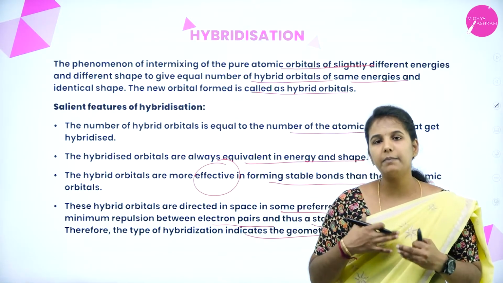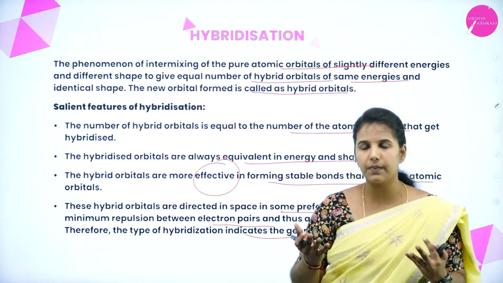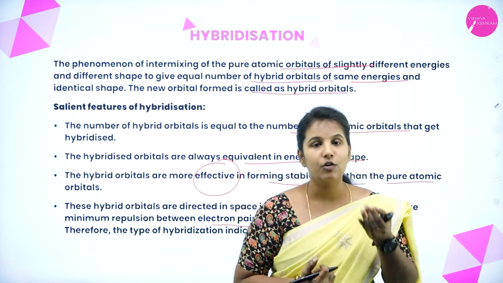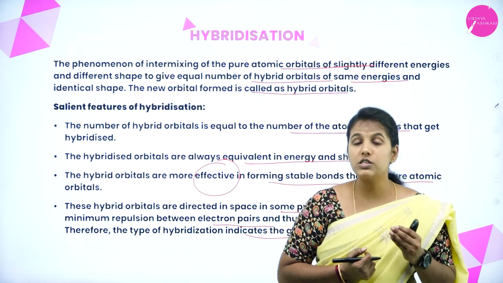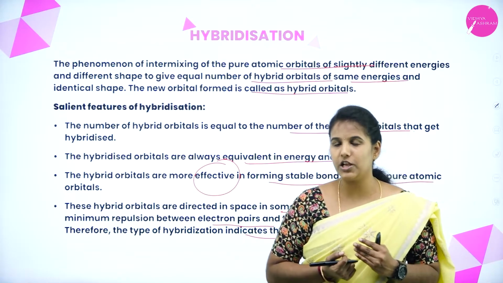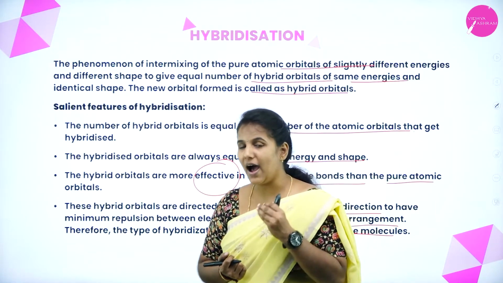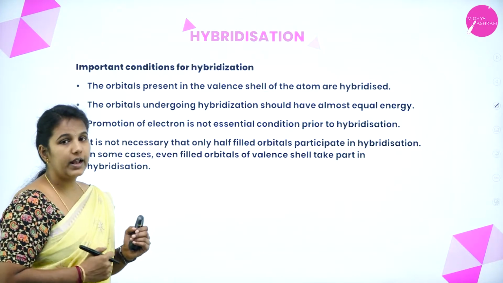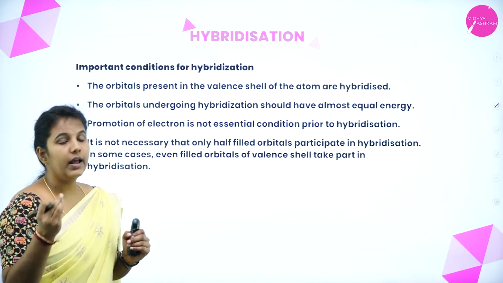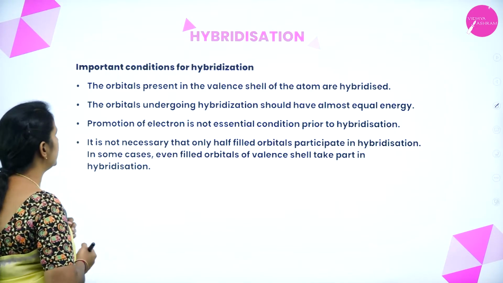So when these hybrid orbitals are arranged in space, it shows the actual geometry of that molecule. More about this hybridization we'll understand by understanding the types of overlapping. Before that, let us see the importance of hybridization.